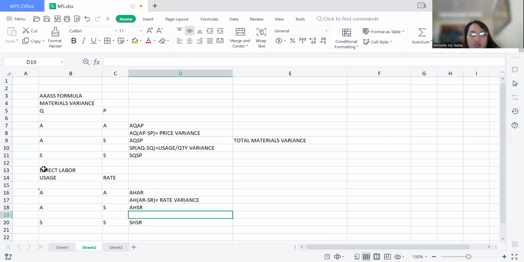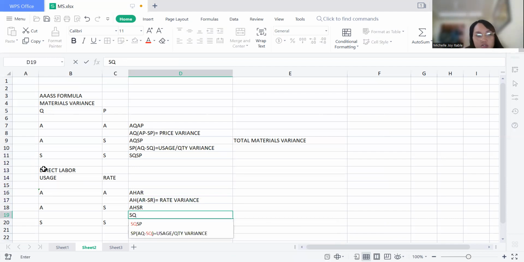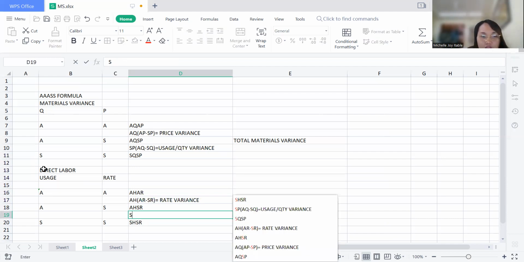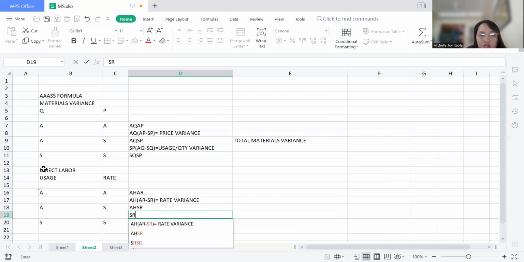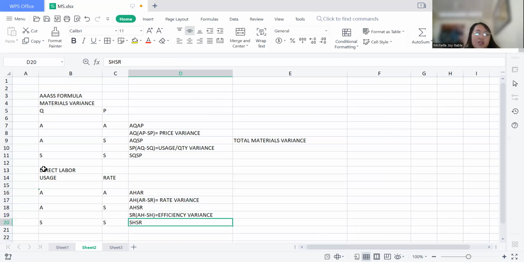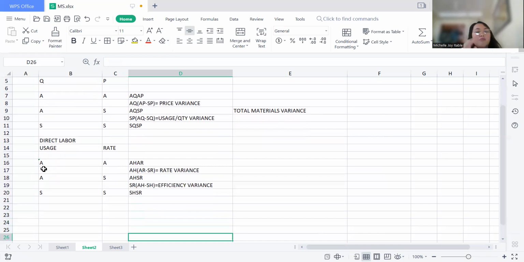You can convert this into formula: standard rate times actual hours less standard hours. So this is what we call now your usage variance. Mali, sorry, efficiency variance. Actually pareho rin, efficiency variance or usage variance, pero more proper na efficiency variance.